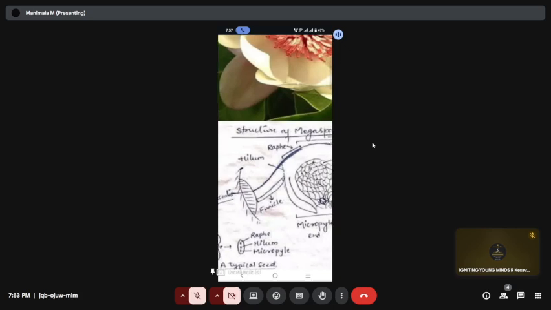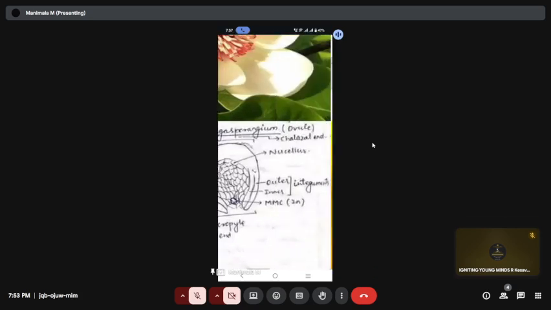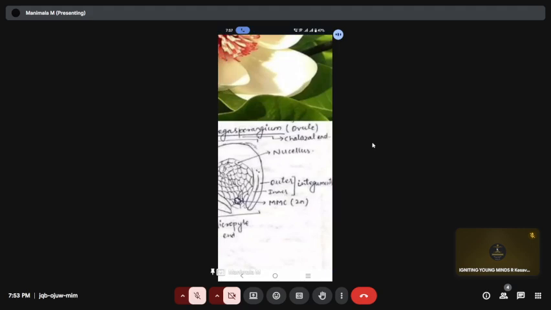The central tissue is called the nucellus. The nucellus stores reserve food material and is covered by two integuments, the outer integument and the inner integument.